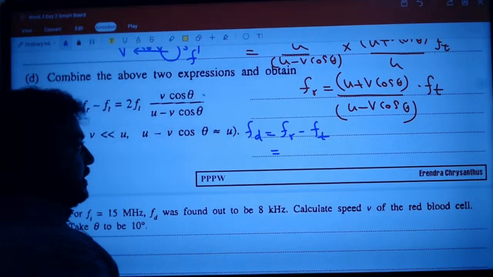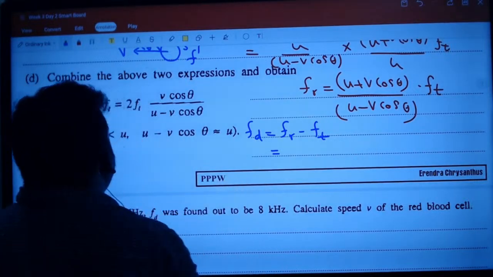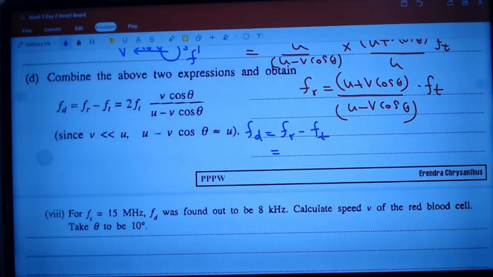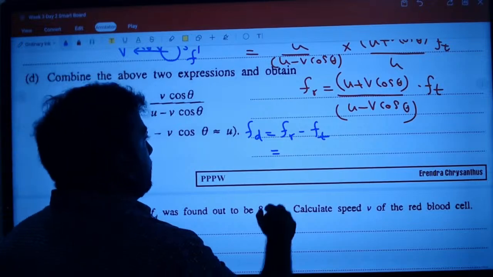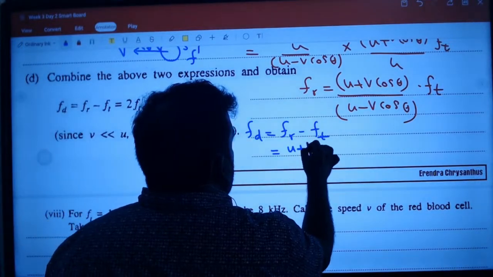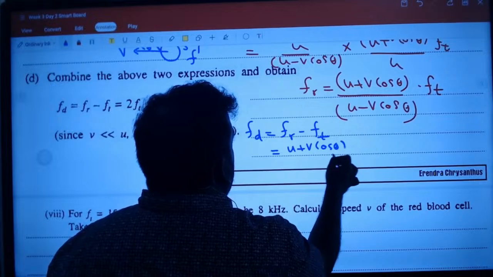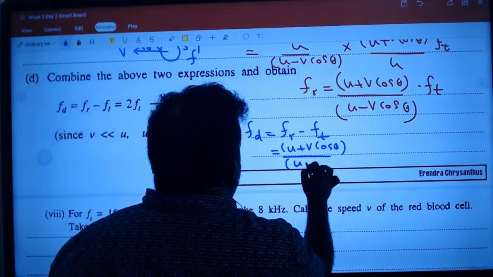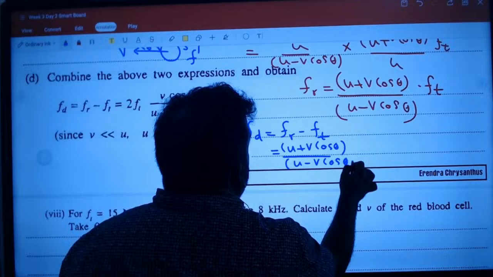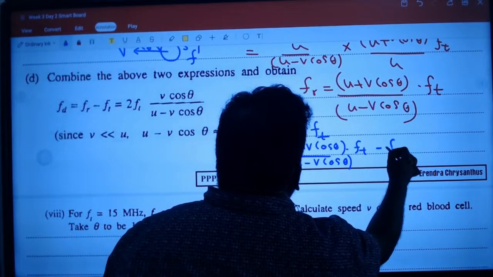They are asking you to prove the relationship in terms of transmitted frequency. So received is u plus v cos theta divided by u minus v cos theta times ft, minus ft.